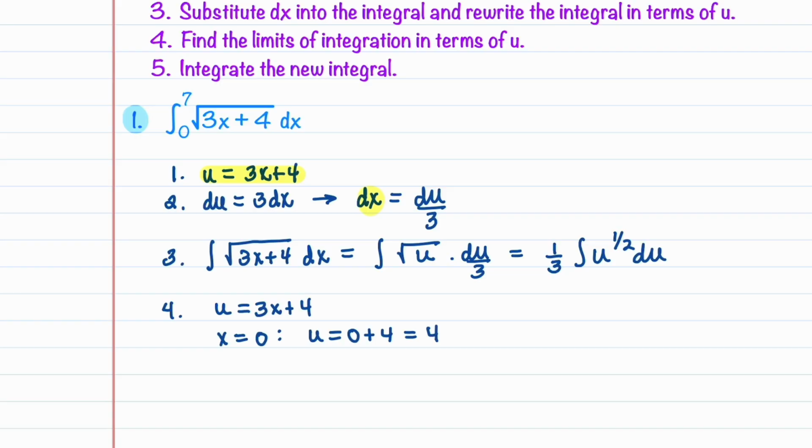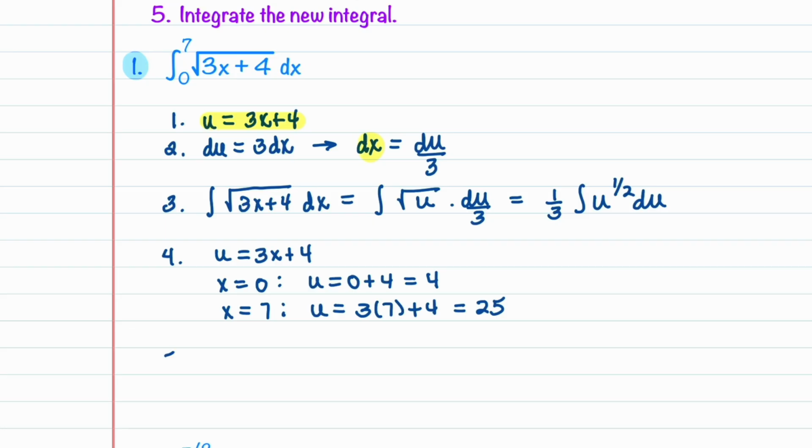And then we do the same thing for our upper limit of integration, x is 7. This gives us u is equal to 3 times 7 plus 4, which is 21 plus 4, which gives us 25.